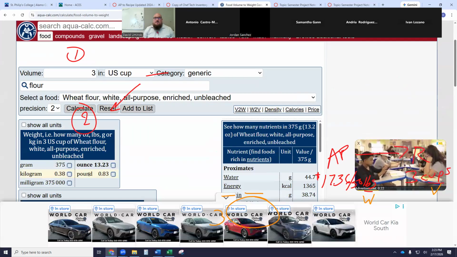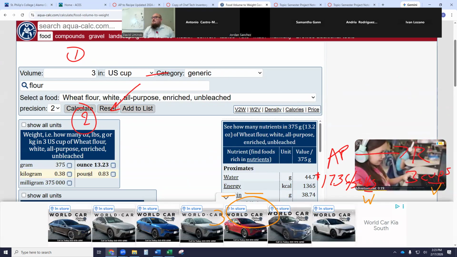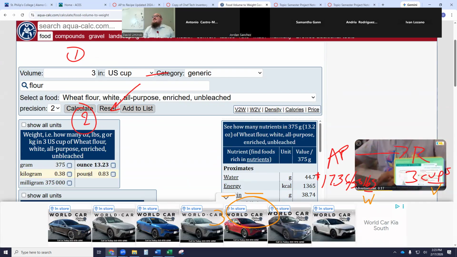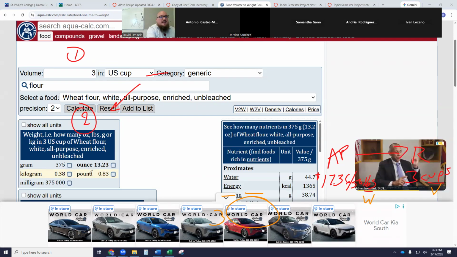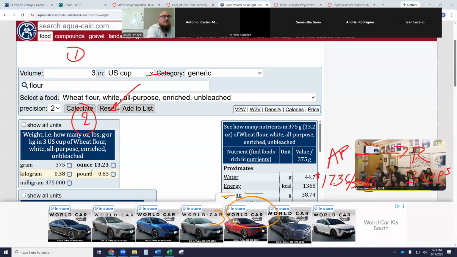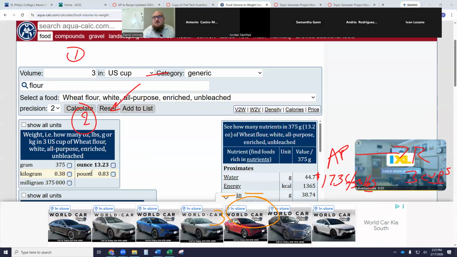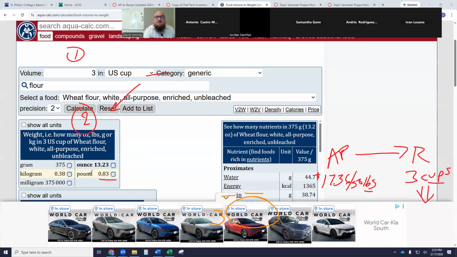The ounces or the pound? Why pound? Because our units already match, right? We want to get those units to match. And so we're going to say that these 3 cups are actually equal to, so I'm going to do my little arrow, 0.83 pounds.